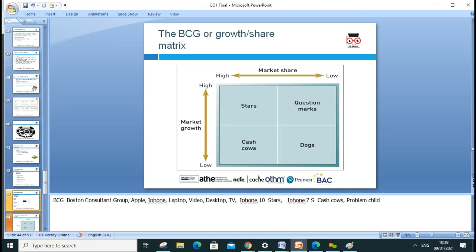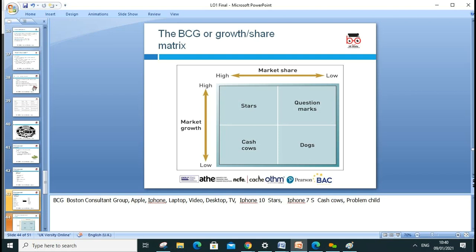That is low market share and low growth, or high growth at the moment, but maybe it becomes more growth in the future. So a question mark can go either side. It can be a star, it can be a cash cow, or it can be transferred to a dog. Dog, or the problem child as we call it, has low market share and low growth.